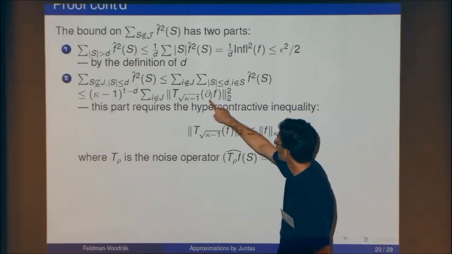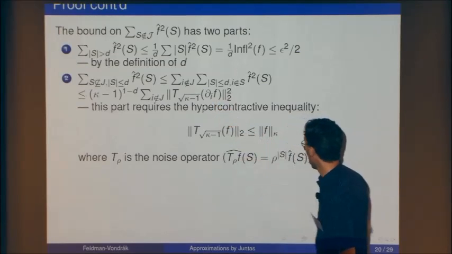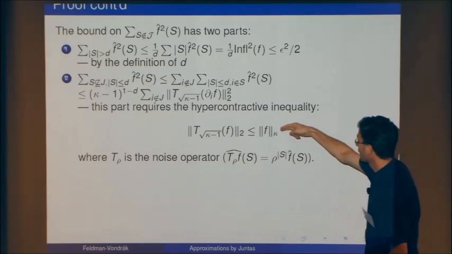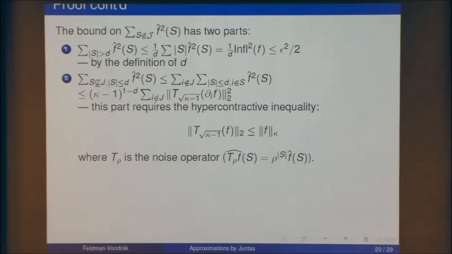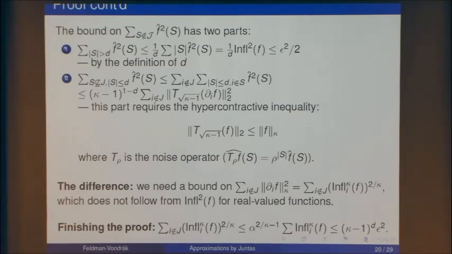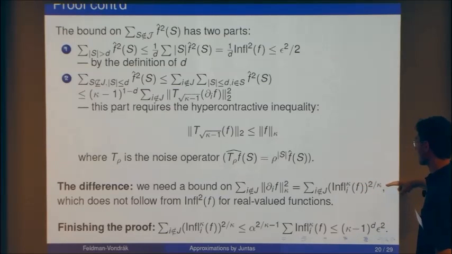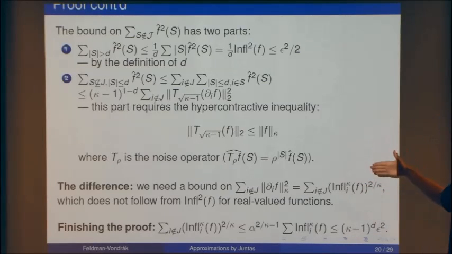That something is the discrete derivative of f. So we need some handle on that, and in the Boolean case, these powers don't really matter, so you can just use L1 or L2, it doesn't matter. But here we have to put it in the theorem. So that's the reason why the theorem depends on some other notion of influence as well.